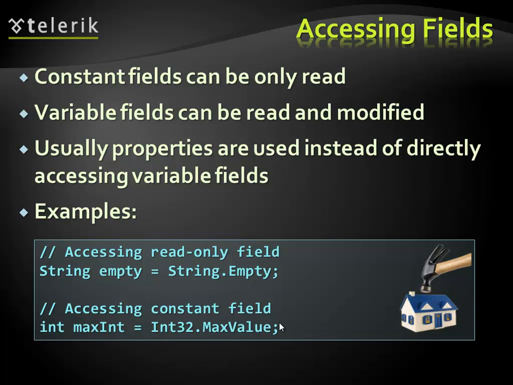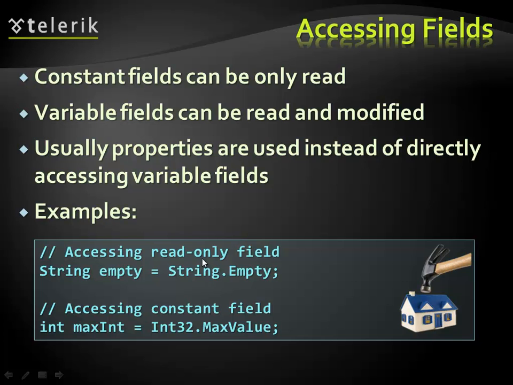Actually, if we look here at my string, I've instantiated a string called empty, and I initialize it with string.Empty value, which I could have done with just empty quotes. But this string here is the name of the class. You can see that it's exactly similar to the string here.